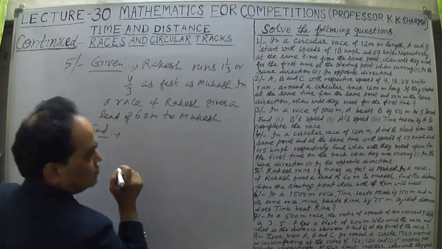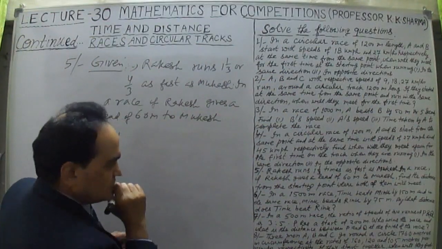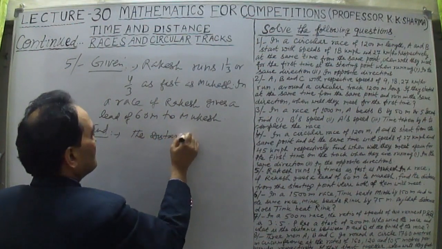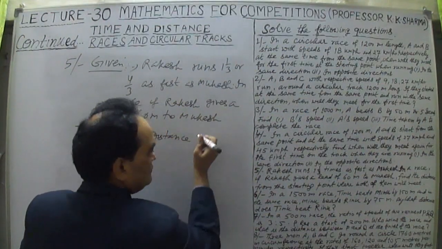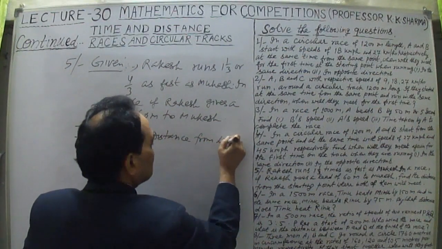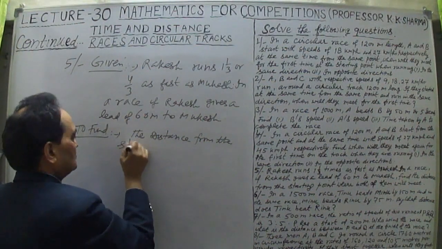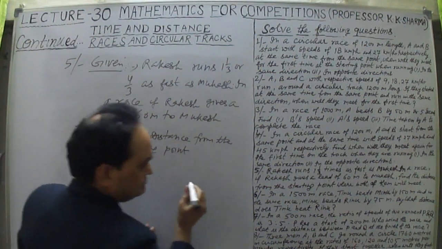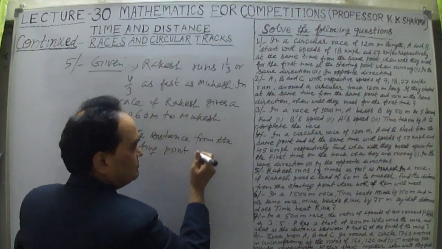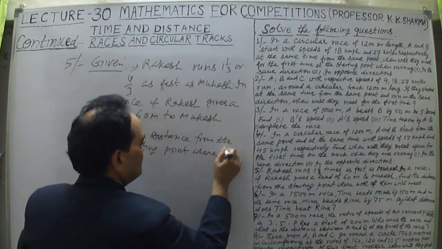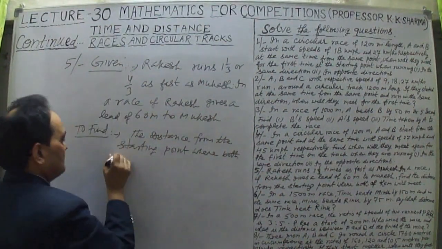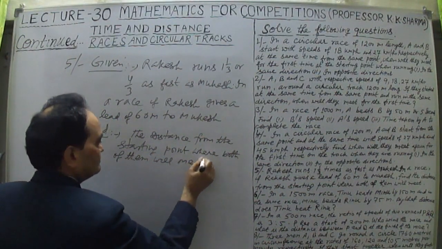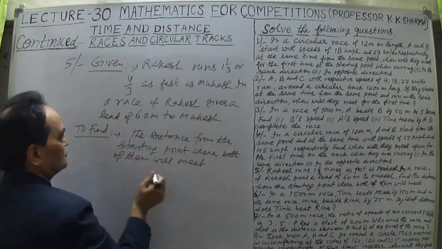We have to find when they will meet, that is, find the distance from the starting point where both of them will meet. That is the point we have to find out.